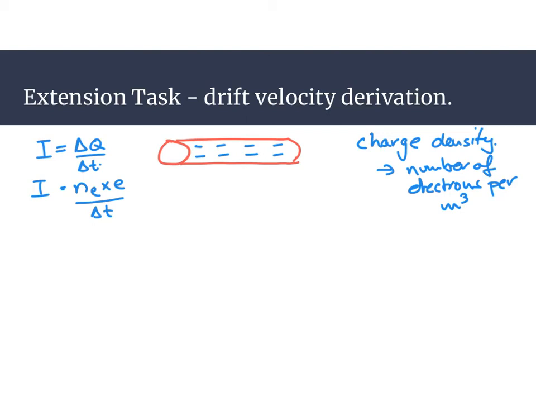So let's put a line here. Now this distance here we need to know, okay, and this is area. Now I'm going to call this velocity. Now why am I going to call that velocity? Okay, this is going to be the velocity of an electron, and this distance here is the distance traveled in 1 second.